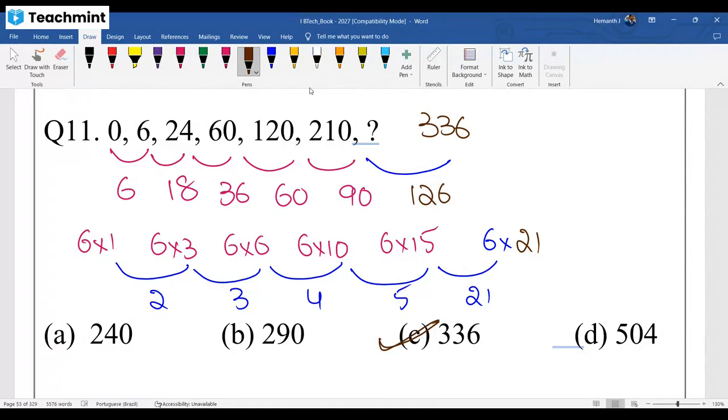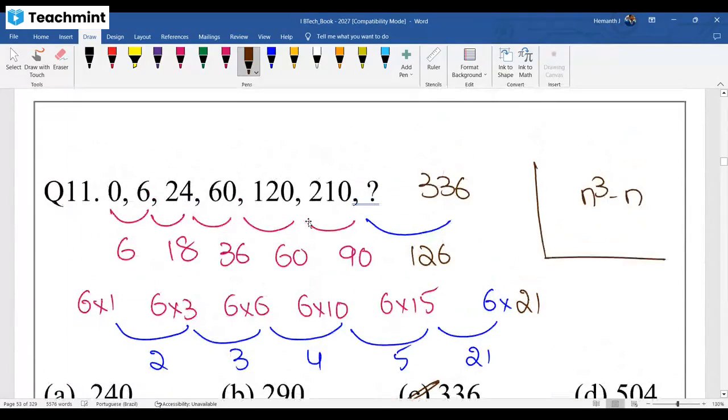But in the introduction, it was clearly mentioned: when you see any number in the range of 210 to 230, what should come to your mind? 6 cube. Do you know this logic is n cube minus n? What is 2 cube? 2 cube minus 2 is 6. 3 cube minus 3 is 24.